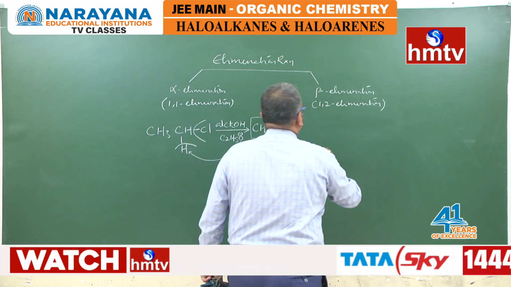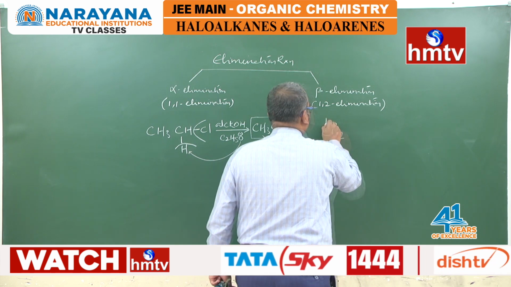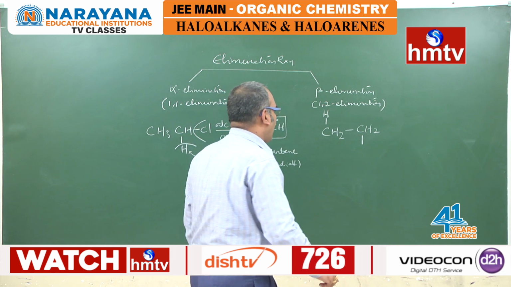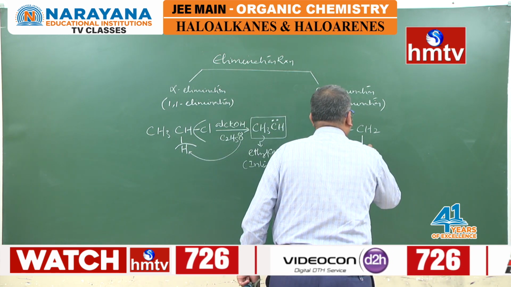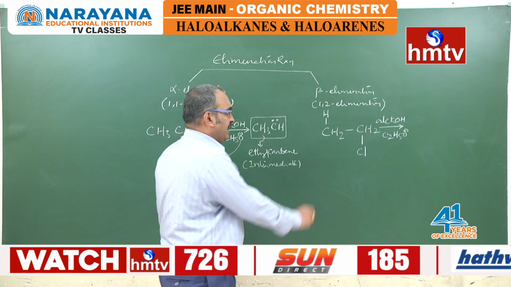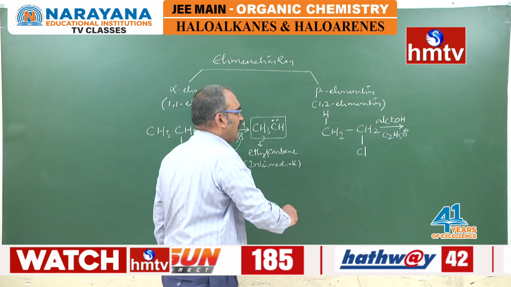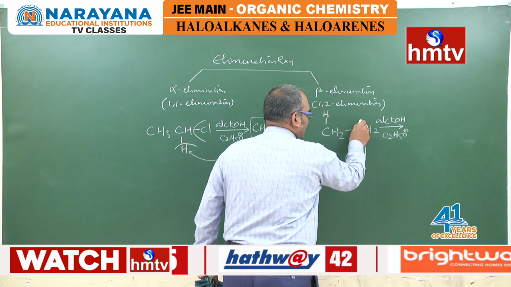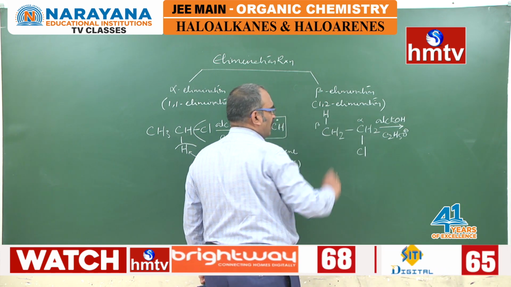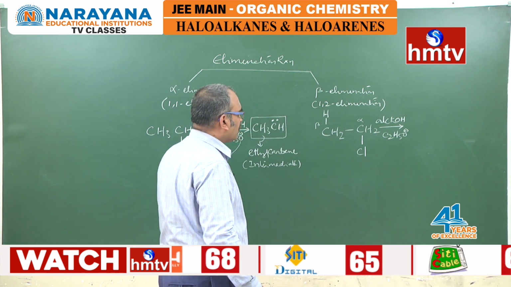In beta eliminations, the hydrogen atom, that is the proton, and the halogen are removed from adjacent carbon atoms. This is the alpha carbon, this is the beta carbon. The halogen attached carbon is alpha and the next carbon is beta.